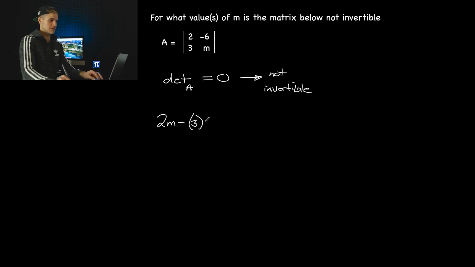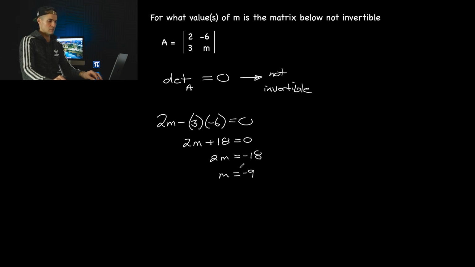So 3 times -6. And basically, when is that going to equal 0? Well, basically when 2m plus 18 is equal to 0, or when 2m is equal to -18, or when m is equal to -9. Right? So at an m value of -9, that's basically the answer. This matrix is not going to be invertible if m is equal to -9.